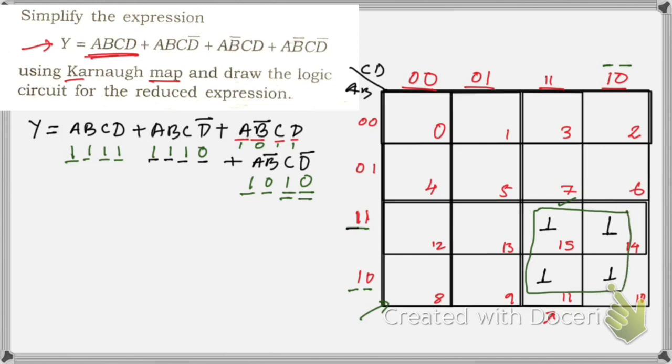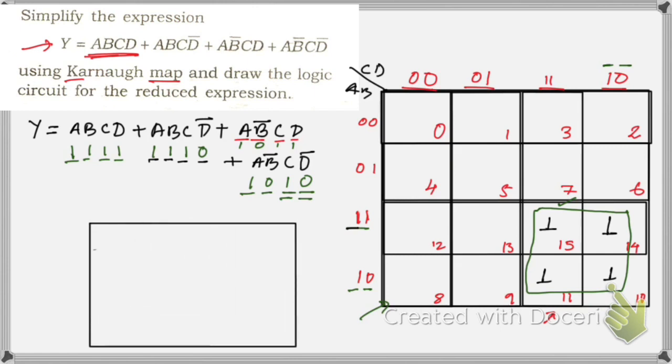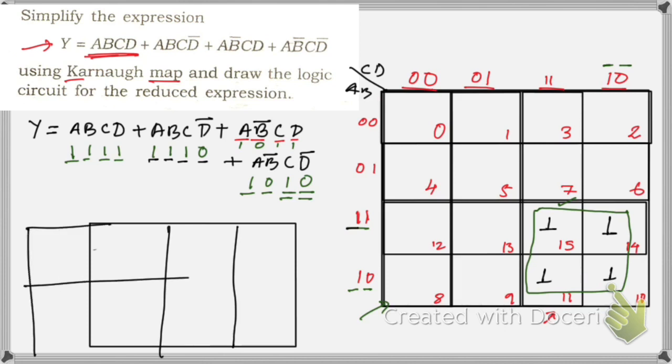You can make groups of these ones, group of 2 ones, you can make group of 4 ones like this, and those ones should be adjacent. That means, now you see, suppose you have one here and one here, you cannot make a group of these two ones.